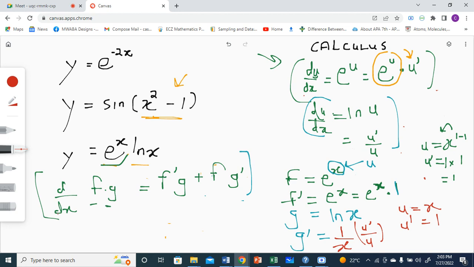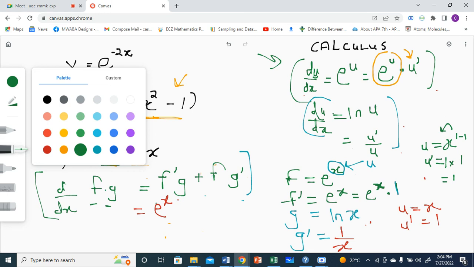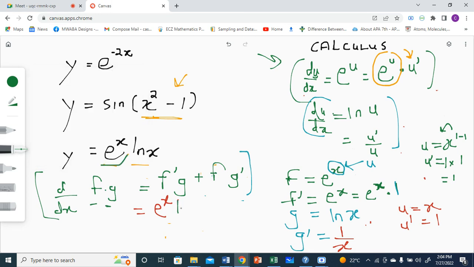After we've got all these derivatives, it's just a matter of substitution. So f prime is e to the power x. Then what is our g? g is the natural log of x. So we say f prime g, where g is the natural log of x.